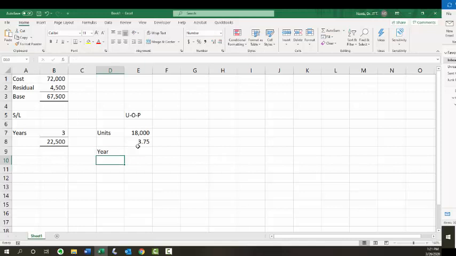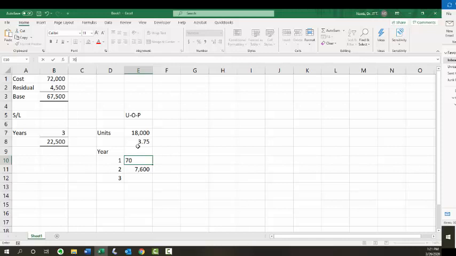We have year 1, 2, and 3. The units in year 1 were... No, hold on.